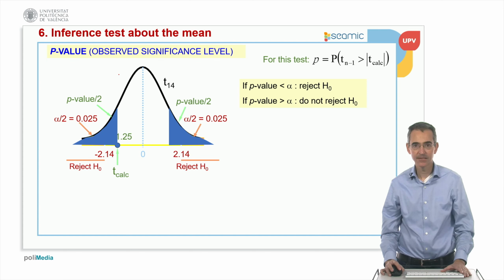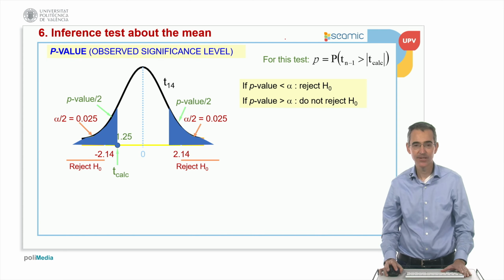So based on the calculation of the p-value, we have this rule. If the p-value is less than alpha, the rule is to reject the null hypothesis. And if the p-value is bigger than alpha, the conclusion will be do not reject. This rule is always true for any kind of test.